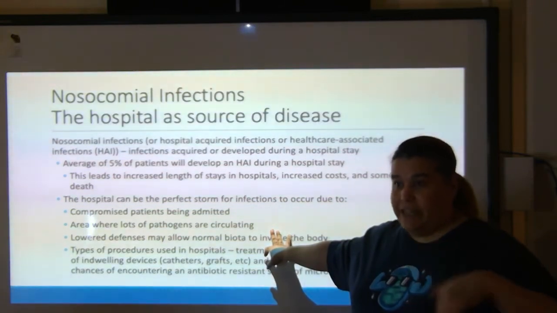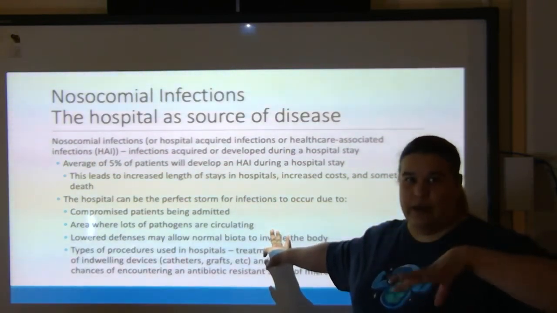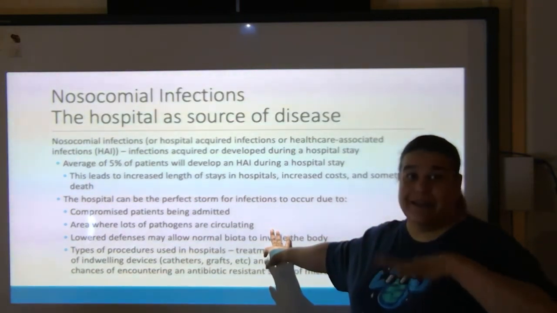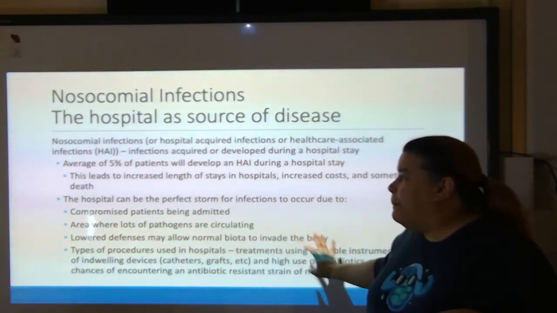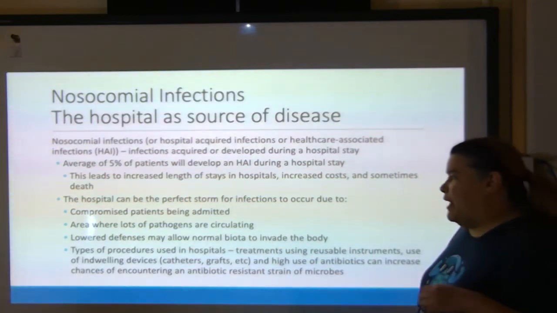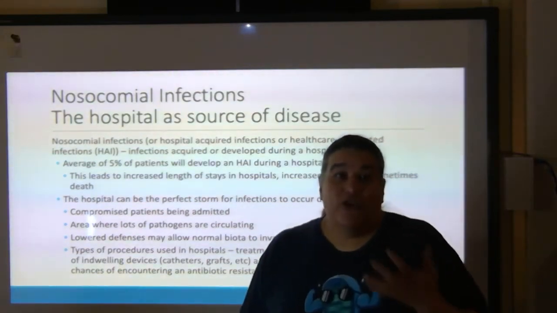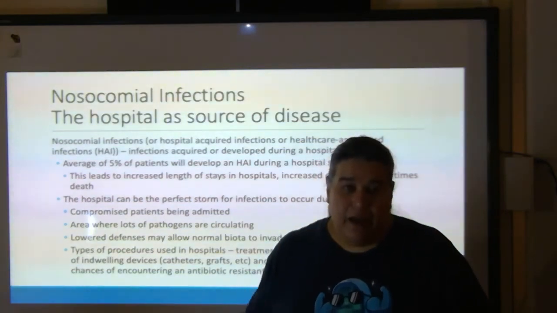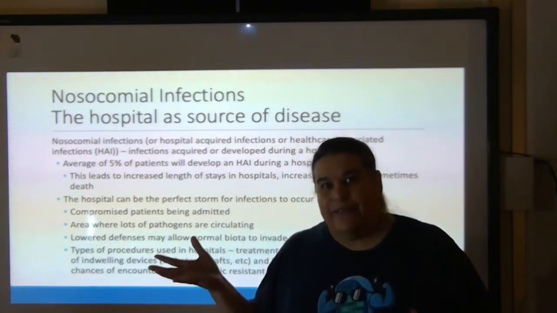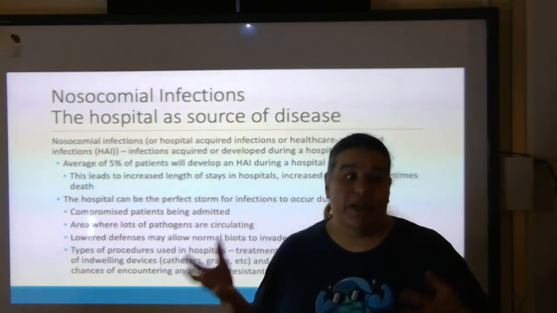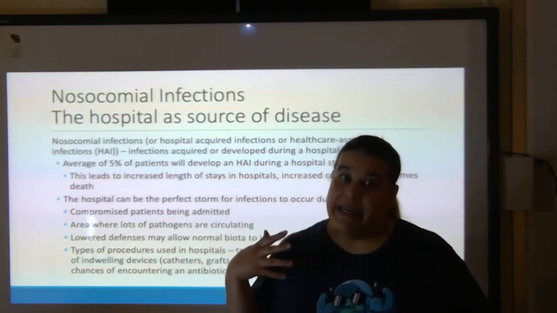So the potential for having multiple infections around exists just because of the nature of a hospital. Lower defenses may allow normal biota to also invade the body. If you're already sick, your immune system's already busy. It's one way that opportunistic infections can take advantage, because your immune system's already busy: let me get in now.